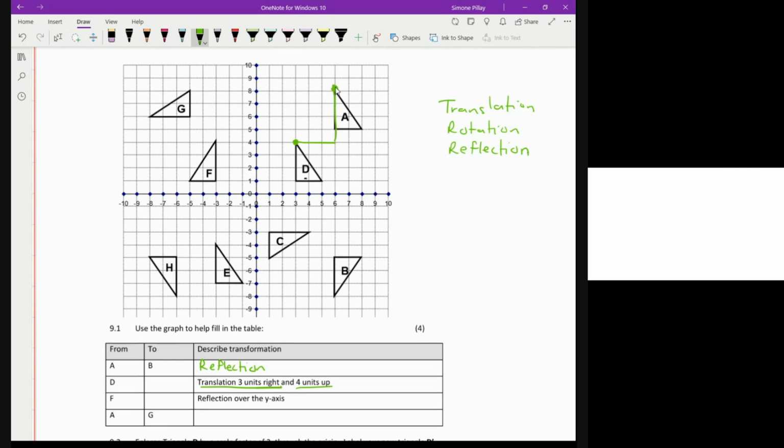Okay. And I can see this point. Now, if I had to do that with every single point, you'll see that it forms this triangle A. And so from D to A is the translation 3 units right and 4 units up.